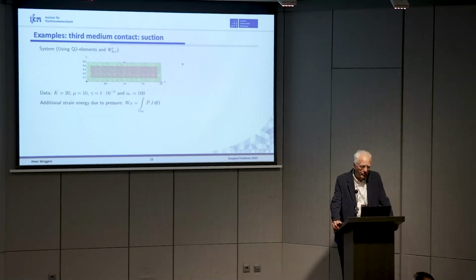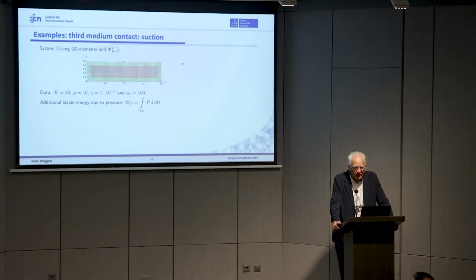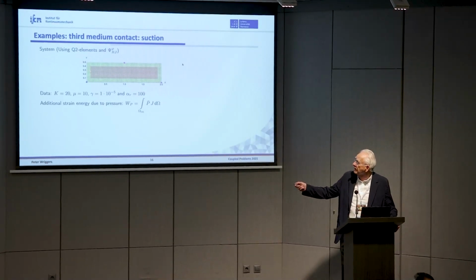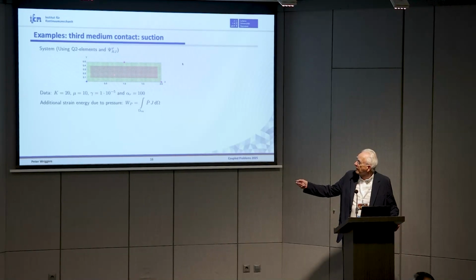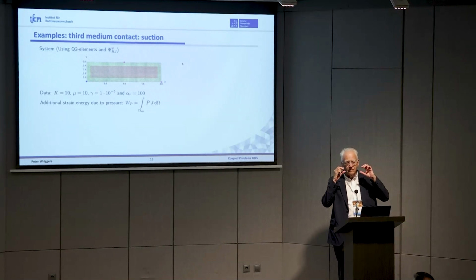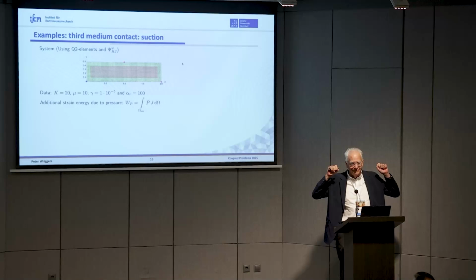This is another problem which we basically took from the literature, and I actually made a mistake in this one. The idea here is that you have this box and inside you take this third medium, and you apply a pressure load in the third medium, basically a suction load. So you basically take all the air out.